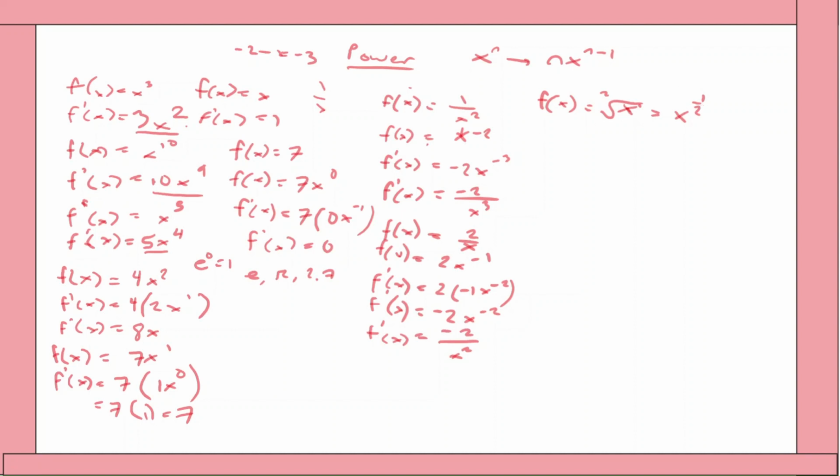Okay? So if we were to take the derivative of that, because we can do that now, let's do the same exact process. Let's put the 1/2 out front, then let's subtract 1 from 1/2. Well, 1 would be the same thing as 2 over 2. We know that too. So 1/2 minus 2 over 2 is negative 1/2.